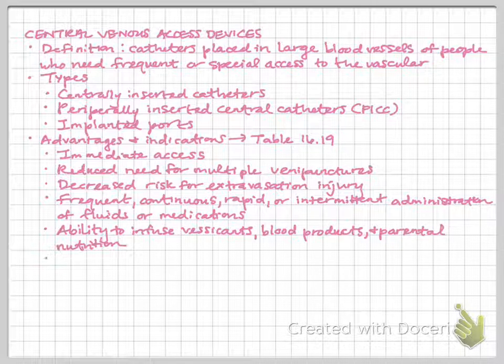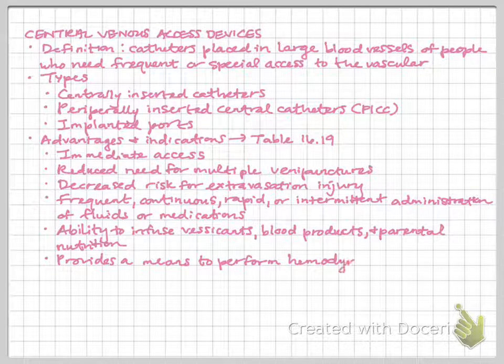Another huge advantage, especially in the ICU, is it provides a means to perform hemodynamic monitoring, which you'll learn a lot about in test 3 and test 2. So there's something called a Swan-Ganz catheter, a central line that can tell you a more accurate blood pressure than what we get when we use that sphygmomanometer that I can't pronounce, obviously.